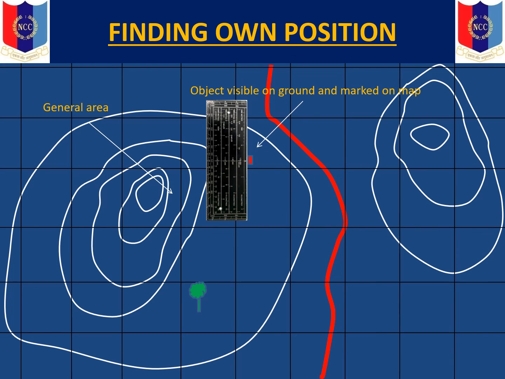Now you place the service protractor onto the map in such a way that the arrow or the center point coincides with the landmark.